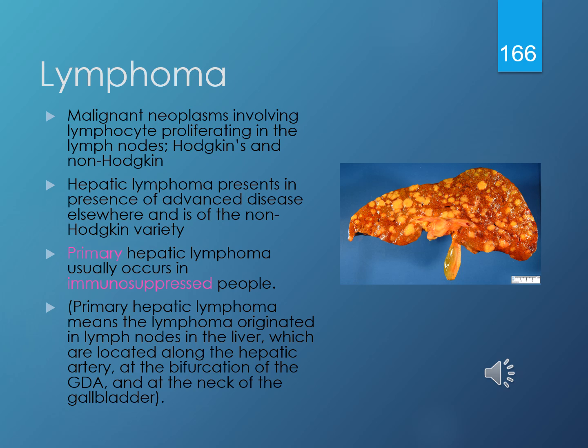I give you more information about them because you'll end up needing to know them. Hepatic lymphoma presents in presence of advanced disease elsewhere and is of the non-Hodgkin variety. Primary hepatic lymphoma usually occurs in immunosuppressed people. Primary hepatic lymphoma means that the lymphoma originated in lymph nodes in the liver, which are located along the hepatic artery, at the bifurcation of the GDA, and at the neck of the gallbladder.